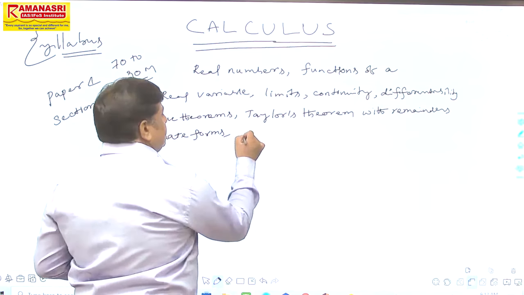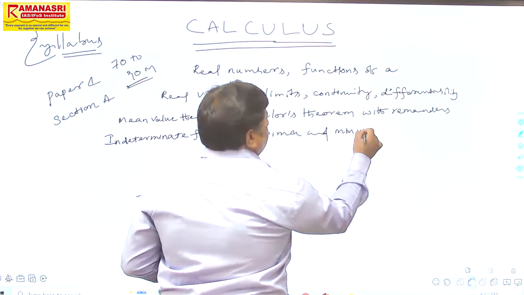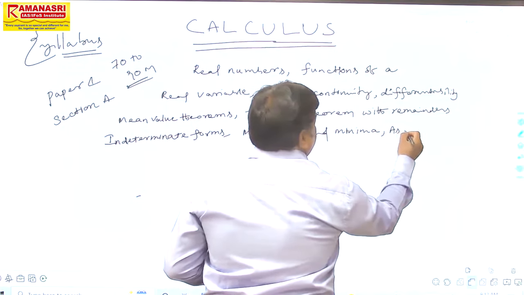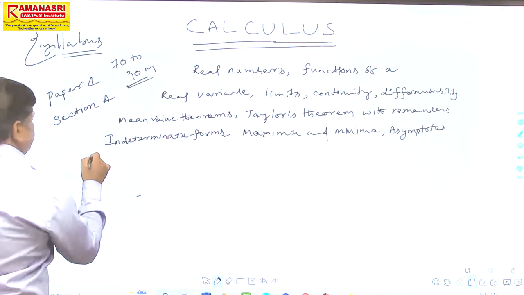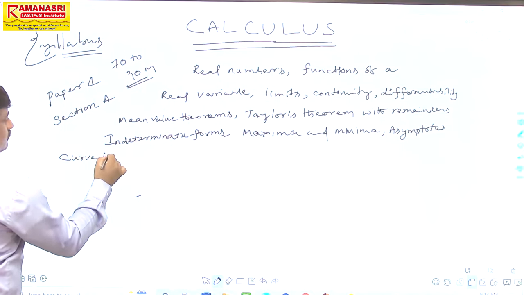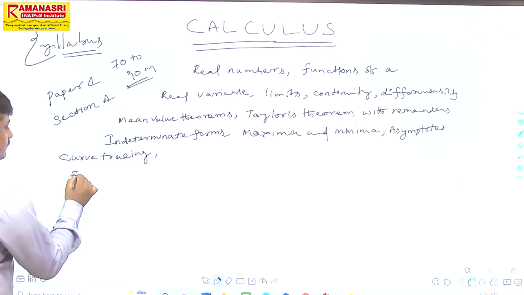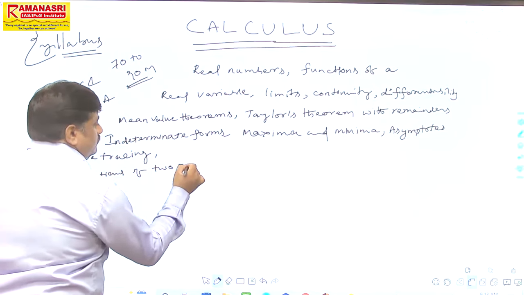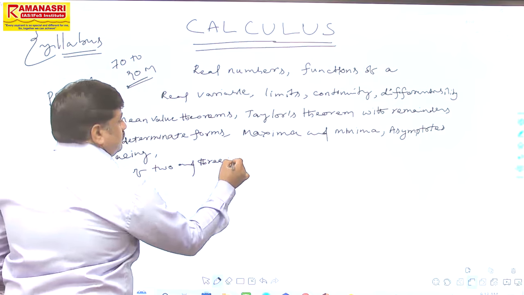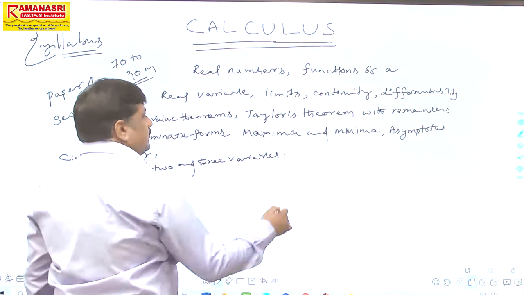Maxima and minima, asymptotes, curve tracing. Functions of 2-3 variables: limit, continuity, partial derivatives.